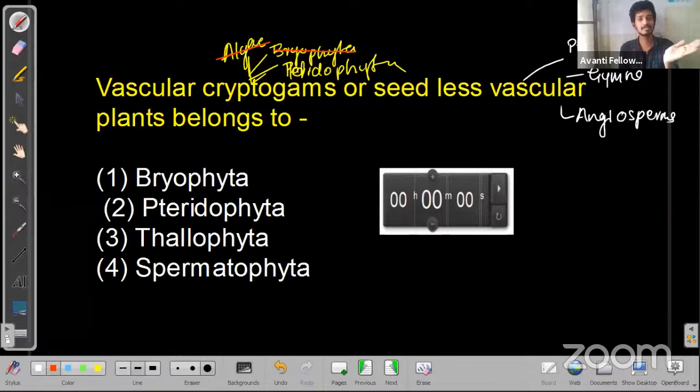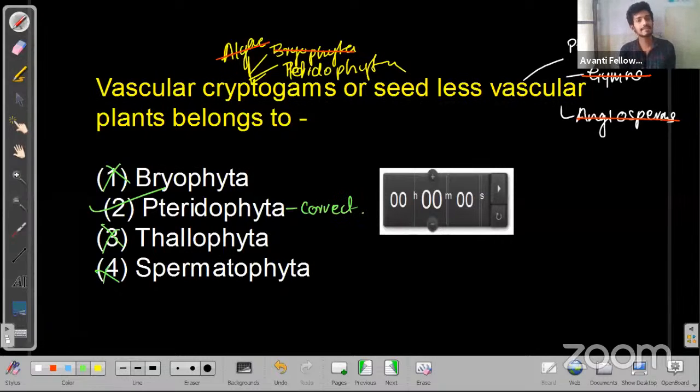You have to remove the things which do not have seeds, right? Angiosperms have seeds, remove it. Gymnosperms have seeds, remove it. The only thing left is pteridophyte, the correct answer is pteridophyte. You can directly go for that one, right? So it's one of the easiest answers because it's a seedless vascular plant, or you can say vascular cryptogamic plant, right? So easiest question, you can think about it.